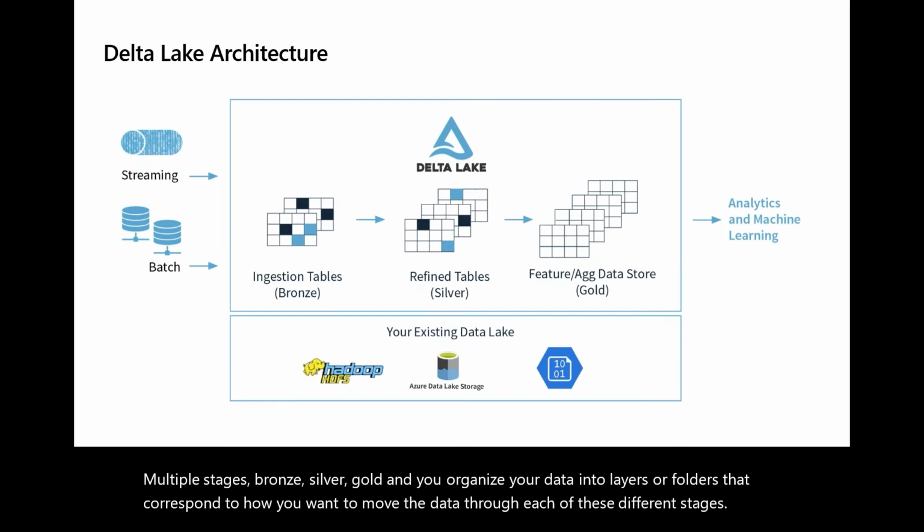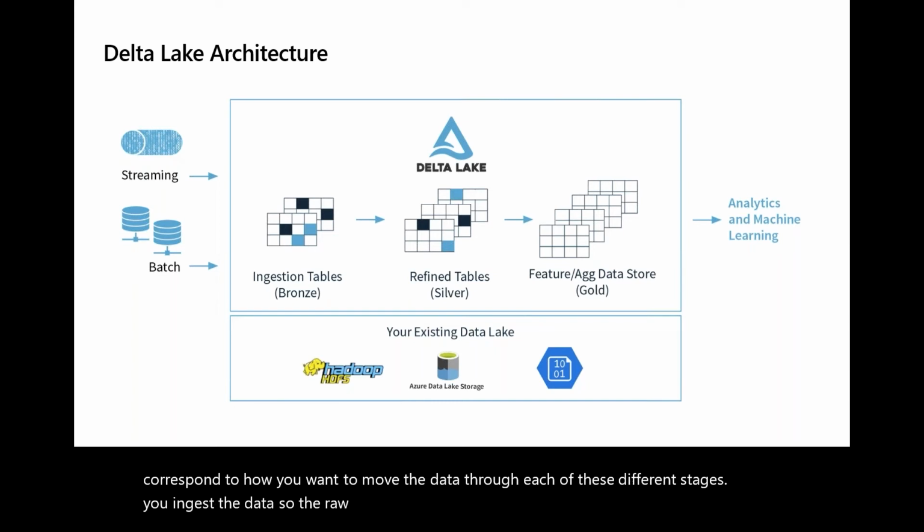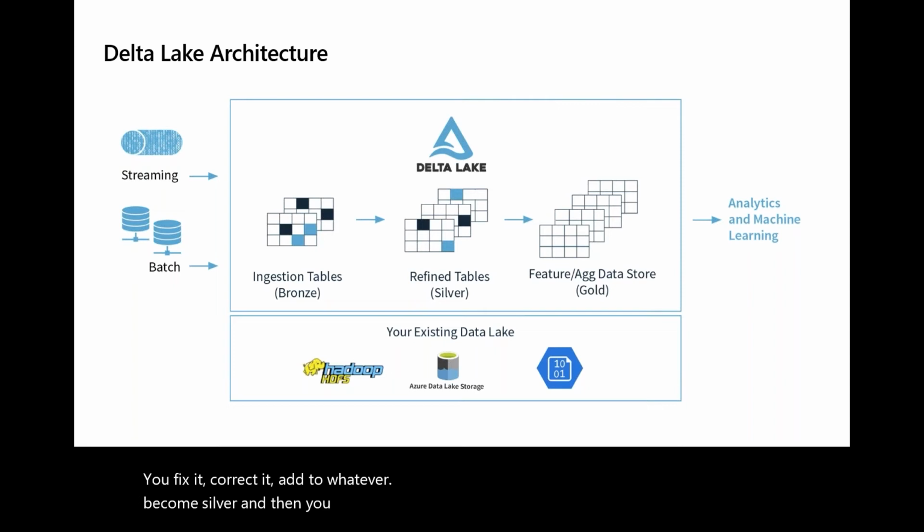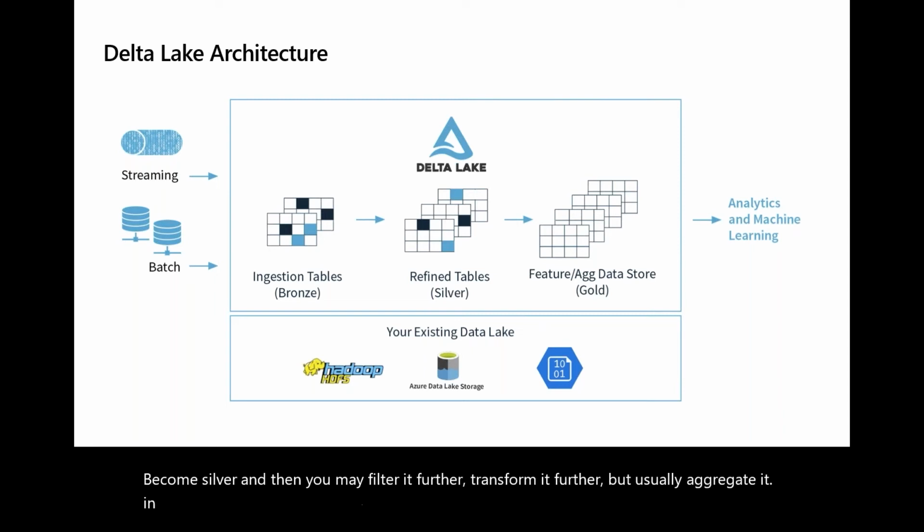You ingest the data, so the raw data comes in labeled as bronze, then you refine it, you fix it, correct it, add to whatever, becomes silver, and then you may filter it further, transform it further, but usually aggregate it in order for it to become gold and could be eventually moved into, say, the data warehouse, or it could be kept right here in gold.